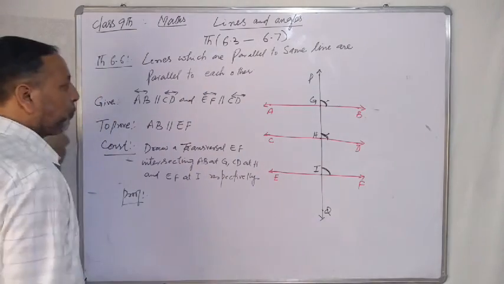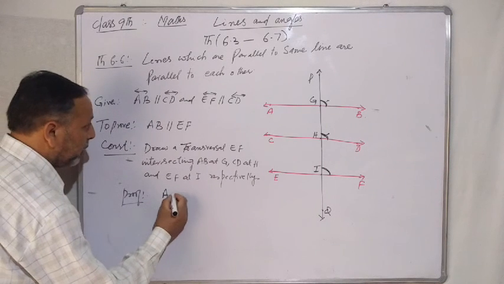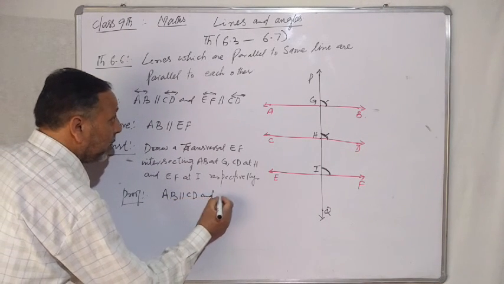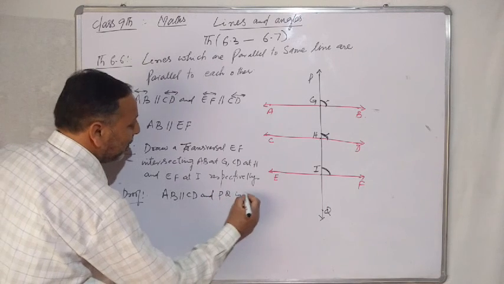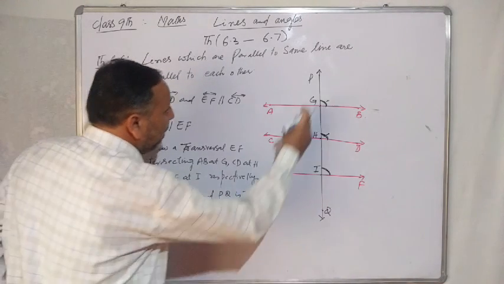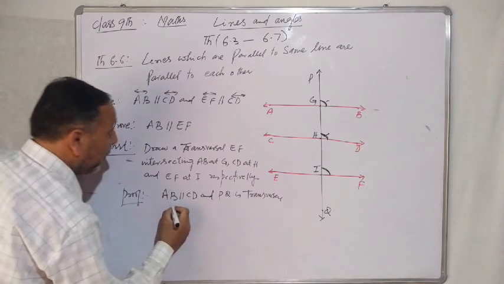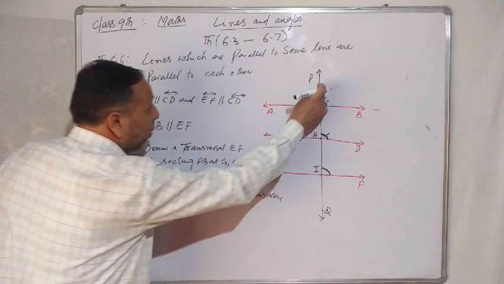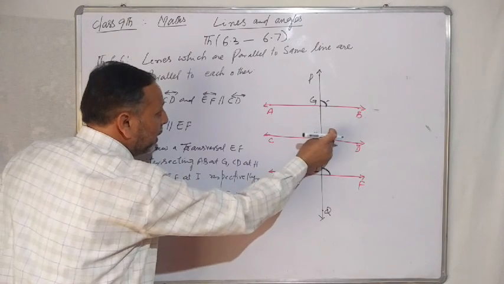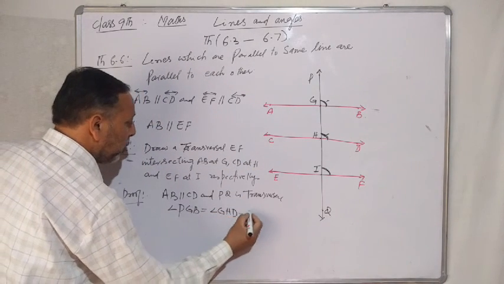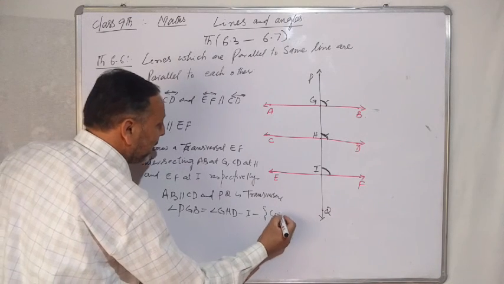First you take AB is parallel to CD and PQ is transversal. Therefore, angle PGB is equal to angle GHD. We keep this as first. These are corresponding angles.